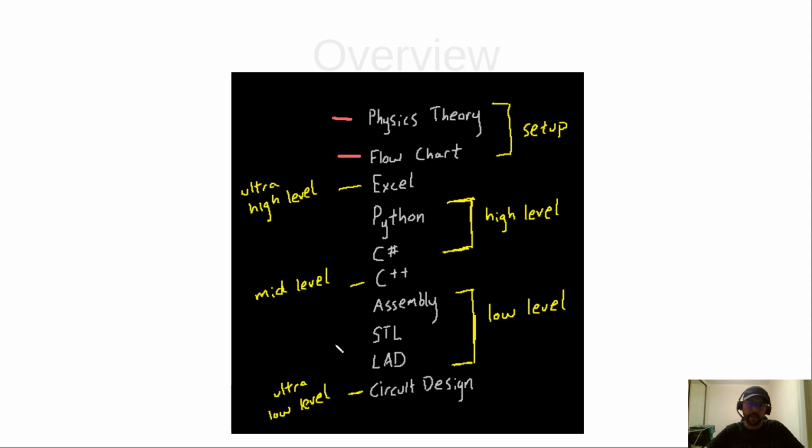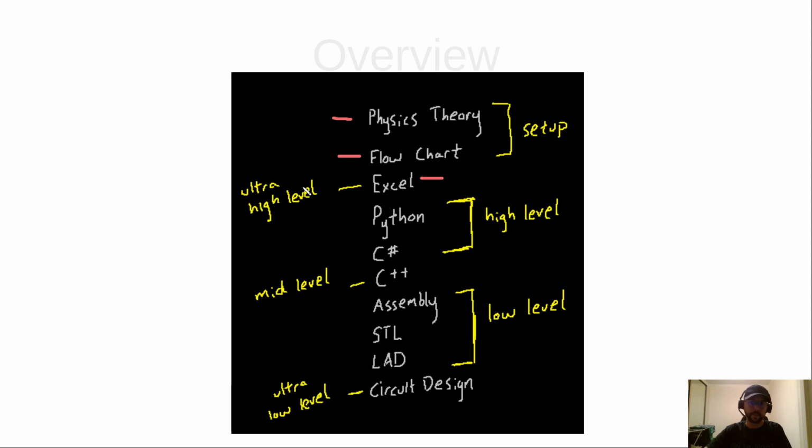And then I'm going to talk about some programming languages here. So first, what I'm going to call an ultra high level programming language, meaning it's not technically a programming language, but would just be doing functions in Excel. It's similar in the same way that entering commands in DOS is similar to programming, but not quite the same, though it's really close. It's definitely still using an algorithm to solve a problem.